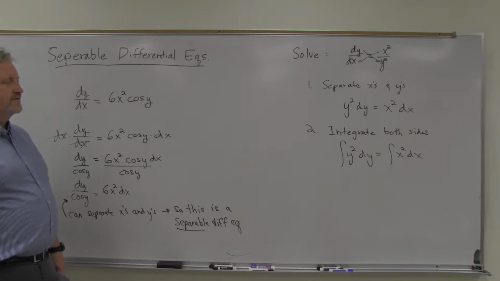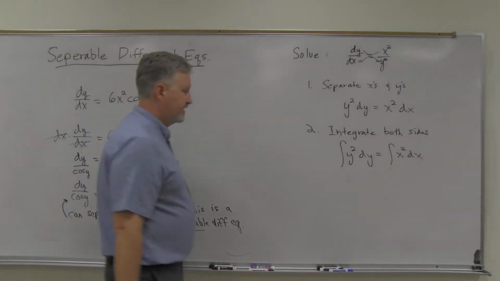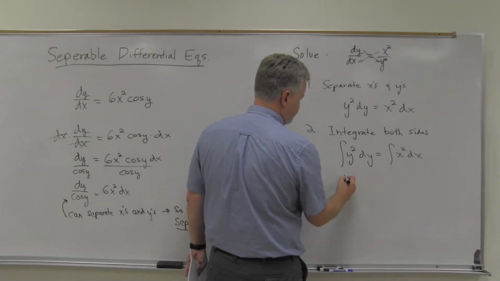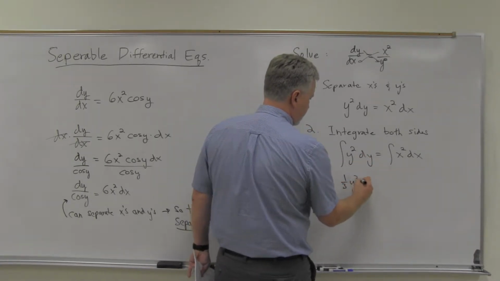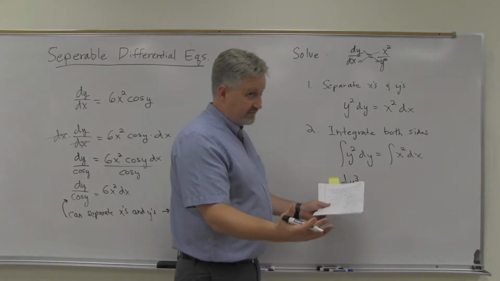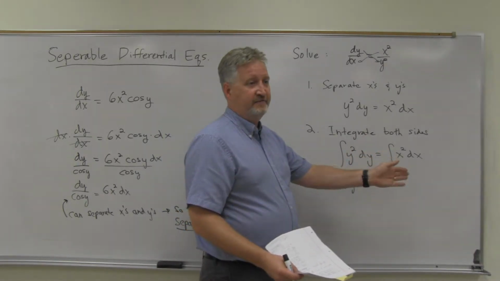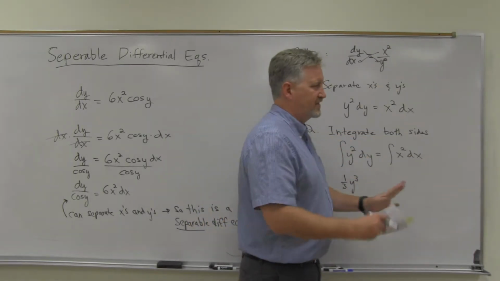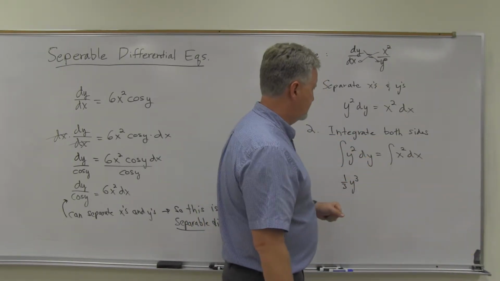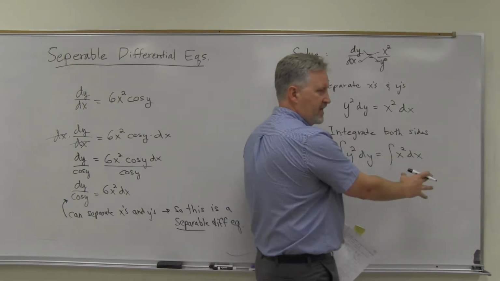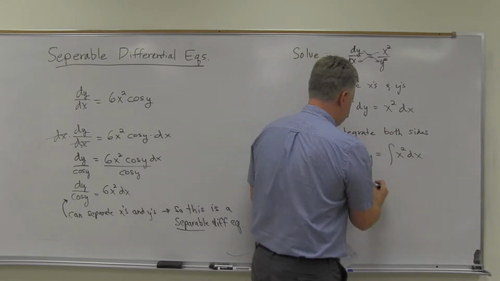That's usually a legal maneuver, and here's how this helps us. All right, so y squared, that's 1/3 y cubed, you just use the power rule, plus c, it is an indefinite integral. However, because the other side is also an indefinite integral, we're just going to choose, because we wind up getting the constants to the same side, instead of doing all that every time, on the x side we'll just do the plus c part.